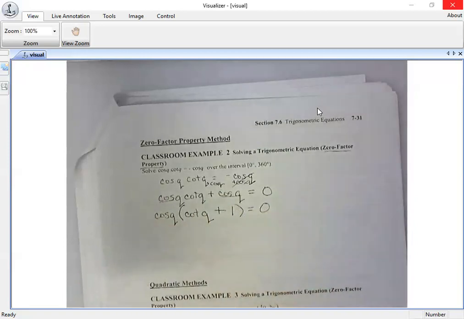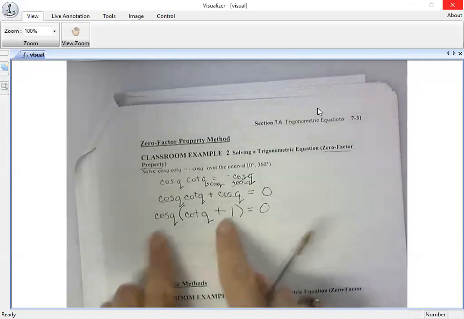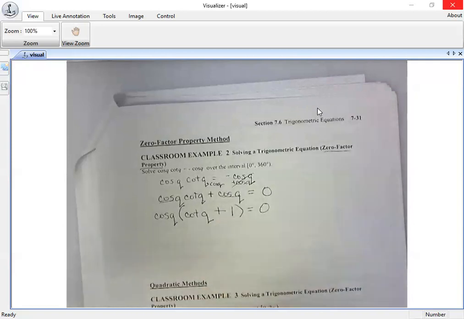Honestly, that's the hard part, all right? You got to recognize that if I don't have any idea what I can do with it like it is, let's try to get everything on one side, especially if I see I would have a common factor, and let's get the thing factored. Because now that it's equal to 0, the only way this is true is if what equals 0?